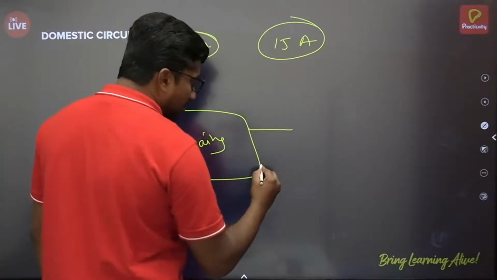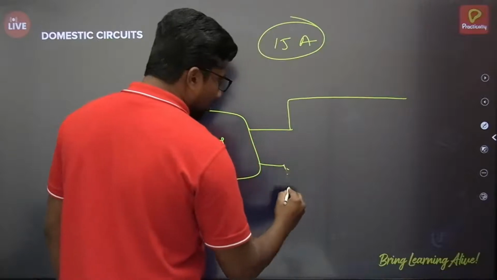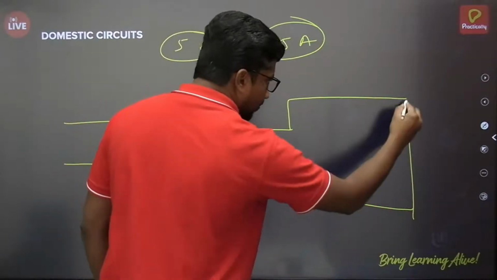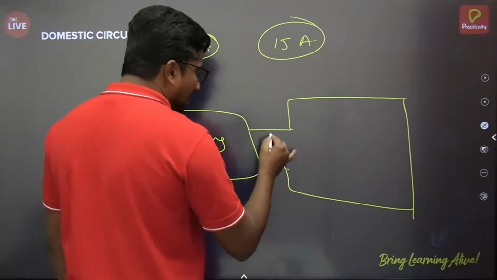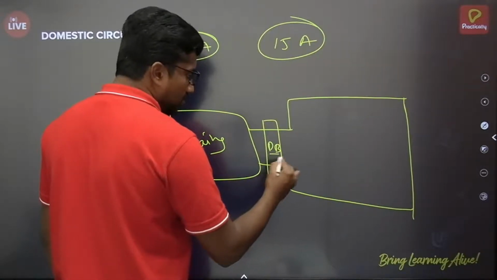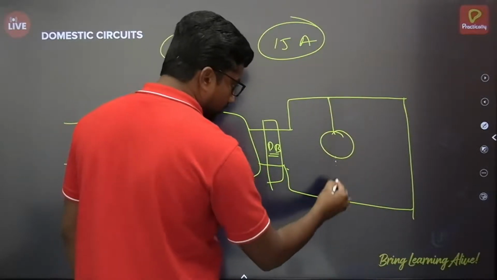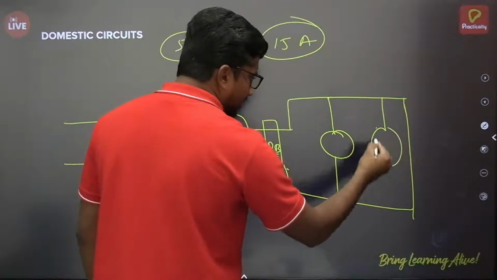Live I am taking here, neutral here. I'll mention the distribution box here again, and from here 2 or 3 devices I'll mention.